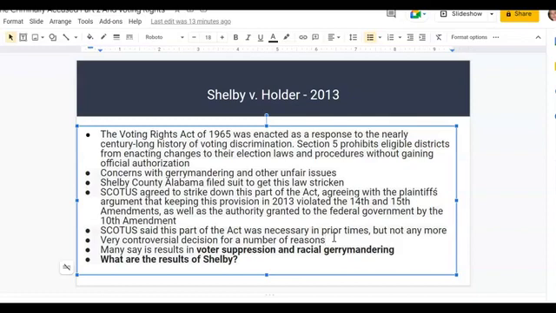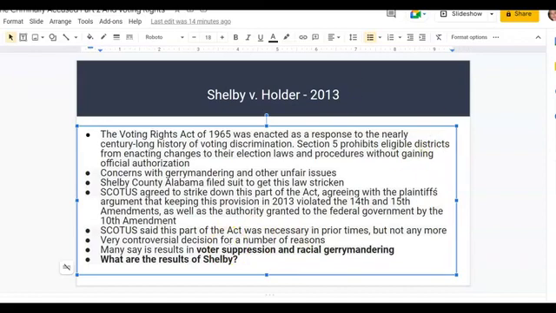And voter suppression is any act, whether it's purposeful or incidental or consequential, which results in fewer people being able to vote. So a lot of people would consider, obviously, racial gerrymandering as voter suppression because it has effects on the consequences of elections. A lot of people would consider voter ID laws and other things I've mentioned as being voter suppression.